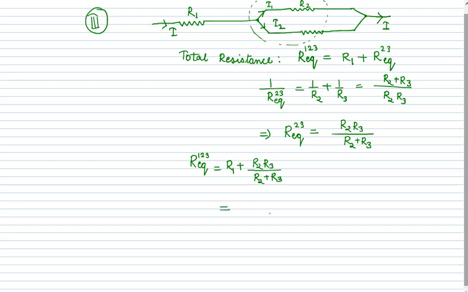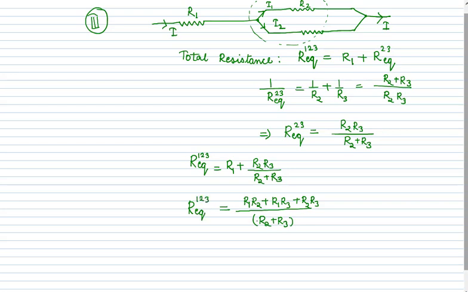Take R2 plus R3 in the denominator. So here you will have R1 R2, because R1 is there and you have to multiply it with R2 and then R3. R1 R2 plus R1 R3 plus R2 R3. So that will give you the R equivalent of all the three resistors 1, 2 and 3.